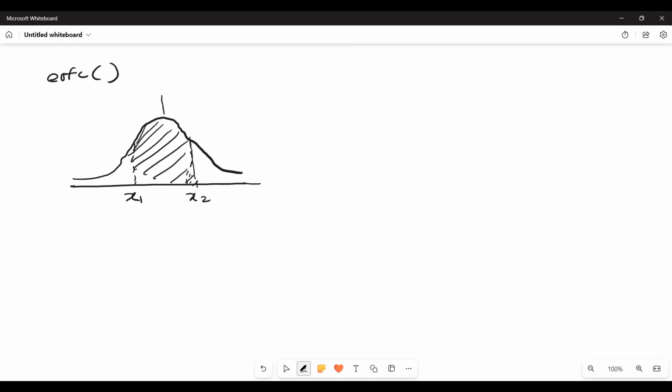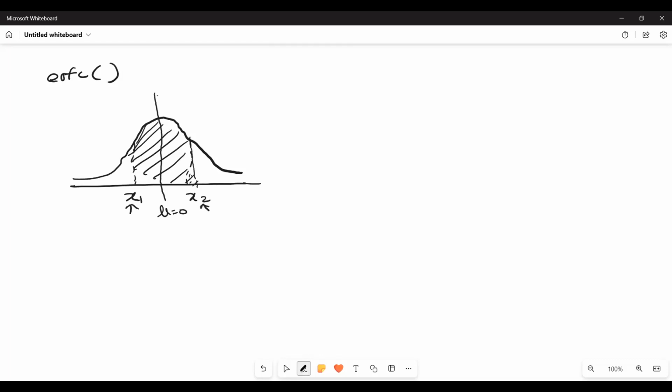Since I'm taking the Gaussian distribution, I have to draw a vertical line at mu equals 0 here. x1 and x2 can be any values, but let's say they are the same for the moment.